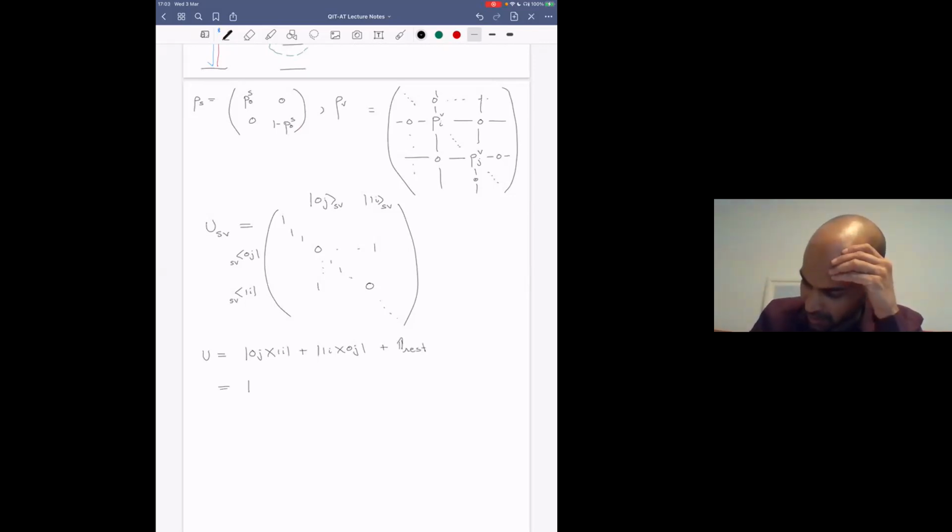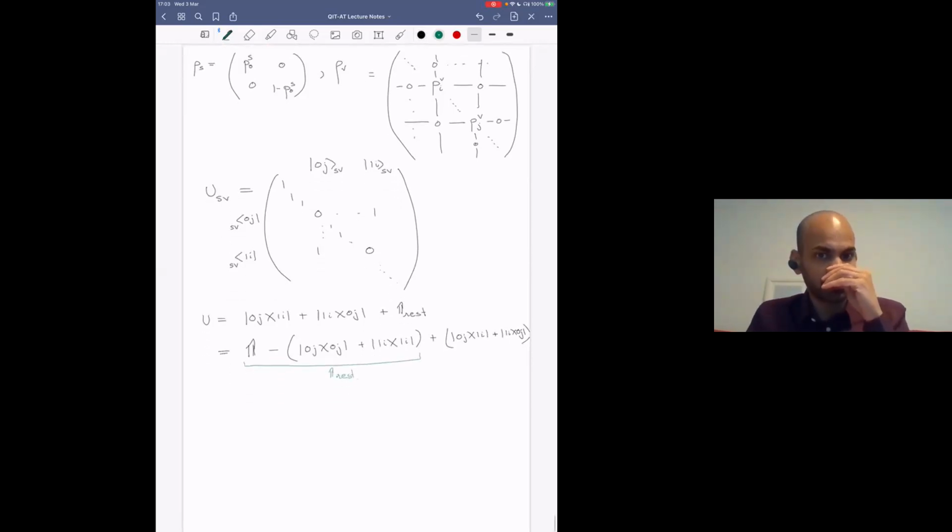Or another way of writing it is just the identity operator, which gives you ones everywhere, and then you take away the ones in the diagonal elements 0j, 0j and 1i, 1i, and then you add the X operator in that subspace, which is the one we've just written down. In fact, this is basically a way of writing identity on the rest.